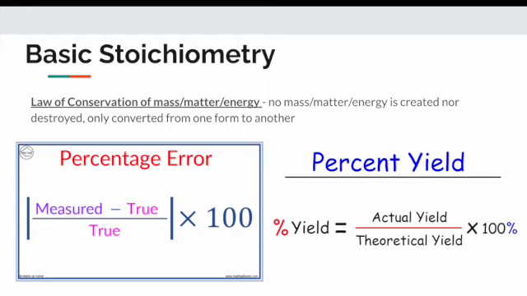Now, percent yield, this one might be a new one for some of you. Percent yield is the actual yield that you get from a chemical reaction usually, and you divide this by the theoretical yield. This is the one that is done by calculations. More on that later, but essentially you divide these values and you multiply by 100 to get a percentage.